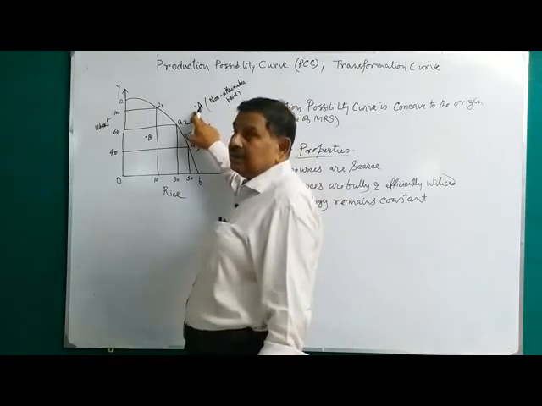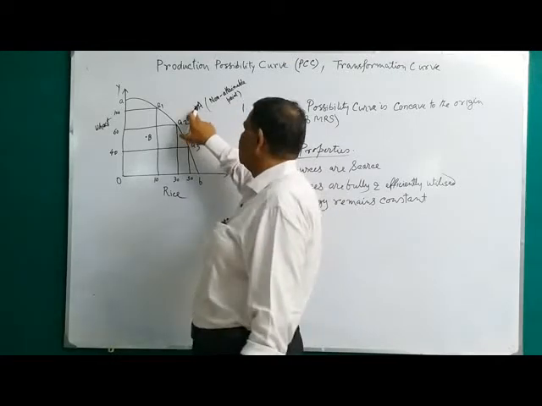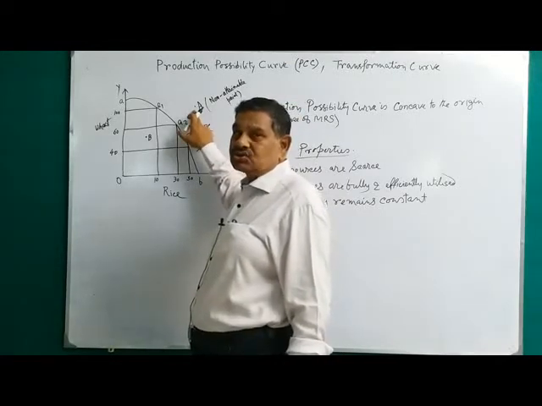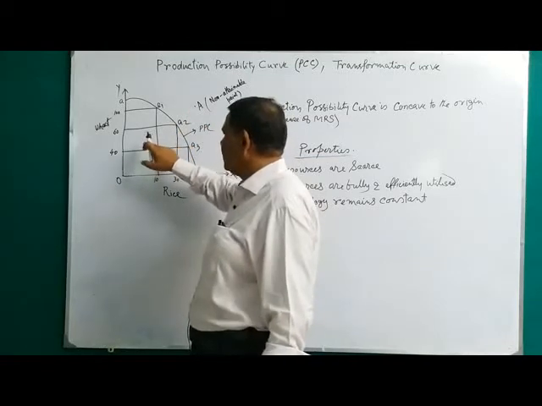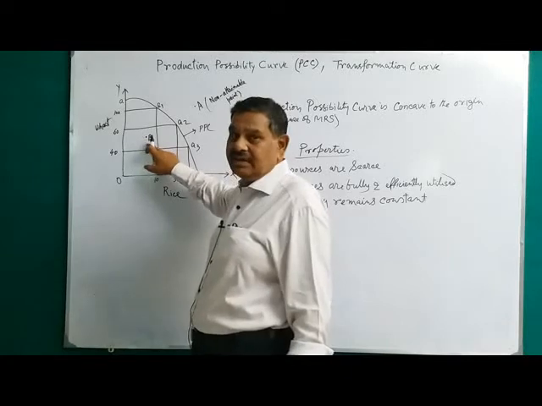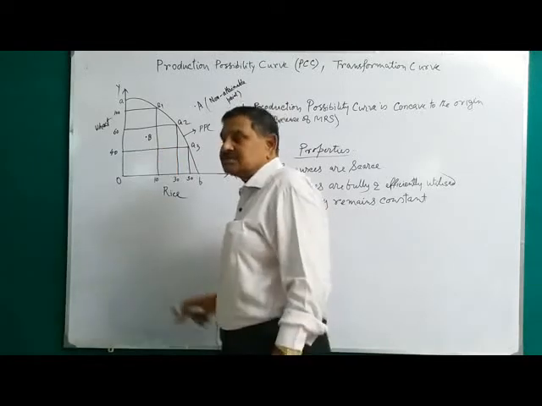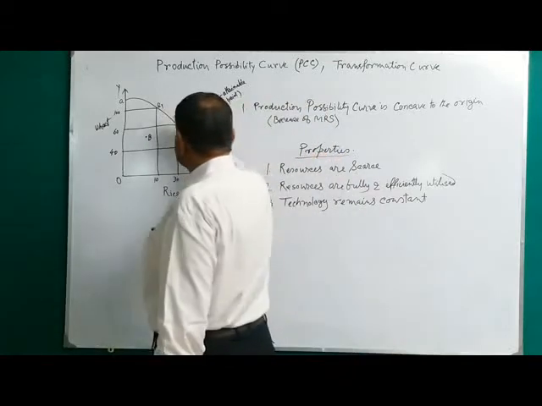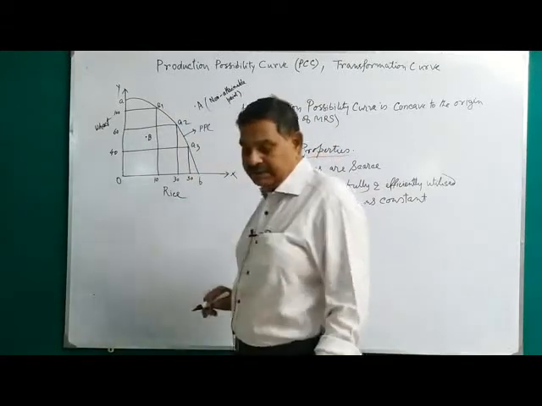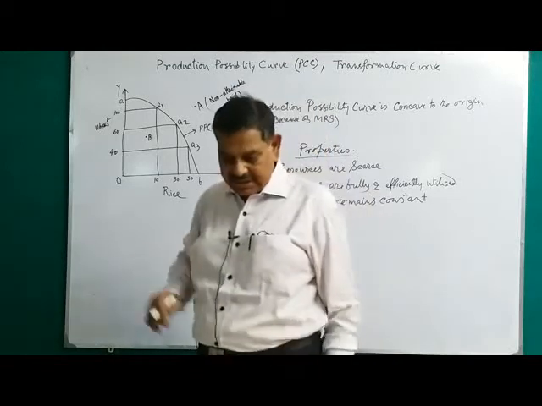Because you cannot choose point A, your resources do not permit you to go there. And you must not choose point B because it is a waste of resources. You must not waste resources. Therefore, this is the PPC curve. I think it is clear.